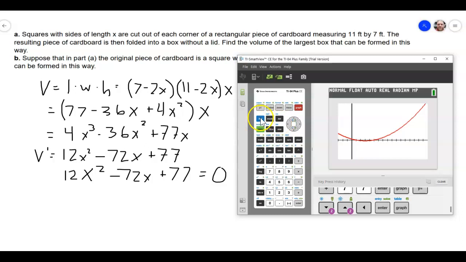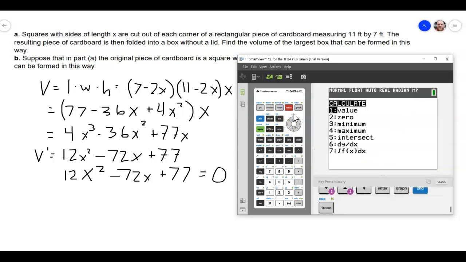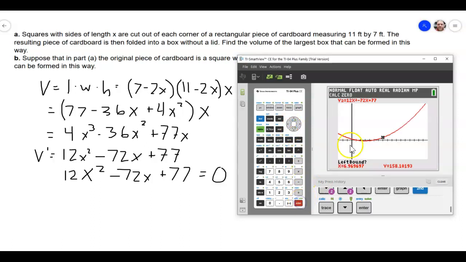So to find the 0 of it, you do second calculate, and we're going to do the 0. And it says I need a left bound, so I'm going to check this left one first. So I just put the cursor anywhere on the left side of this value here, hit enter, and then I need a right bound. So I have to put somewhere between these two intercepts here.